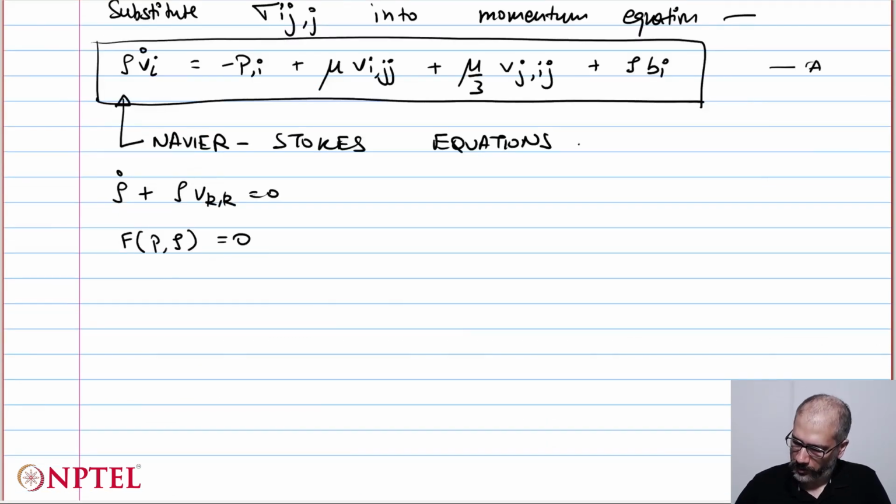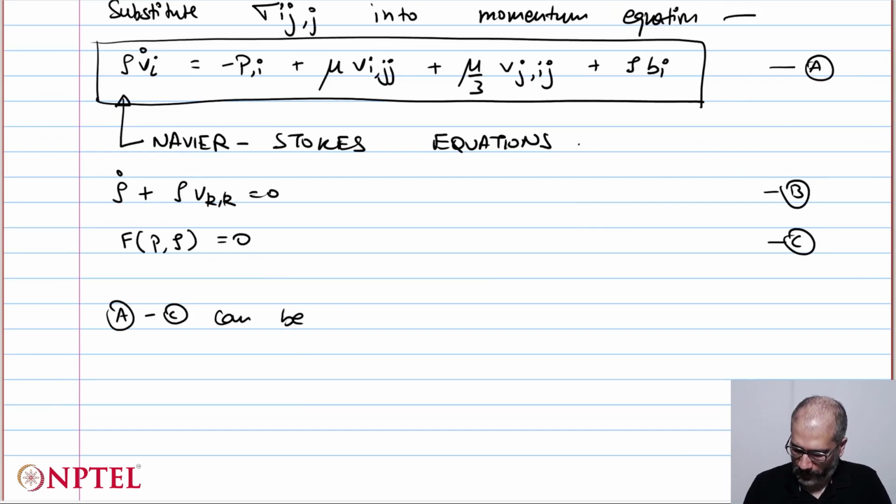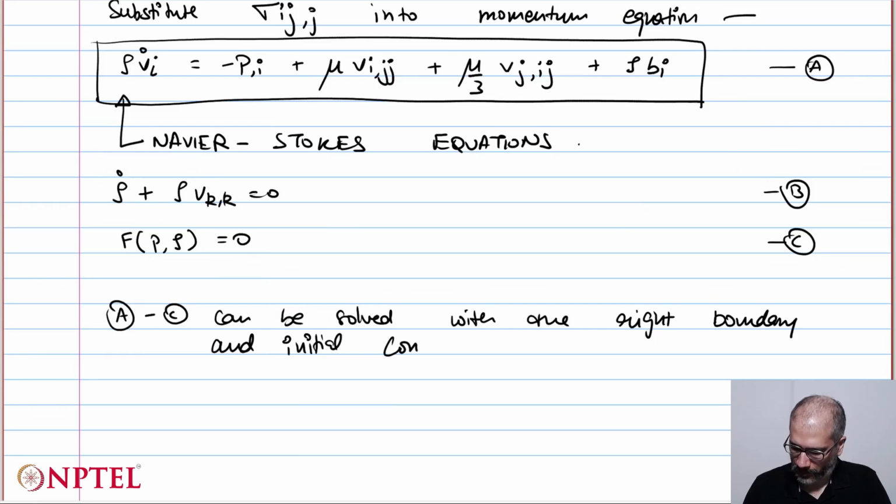So let's call these equations A, B, and C. So A to C can be solved with the right kind of boundary and initial conditions to get the constants of integration.